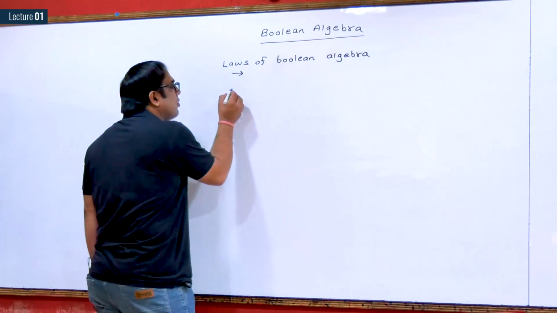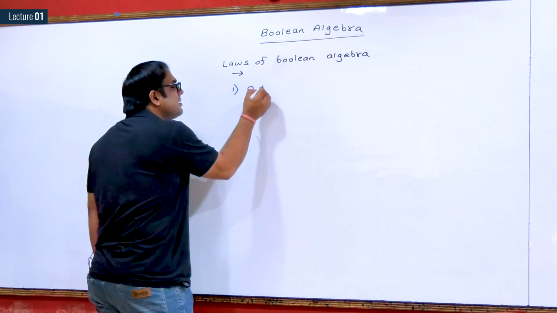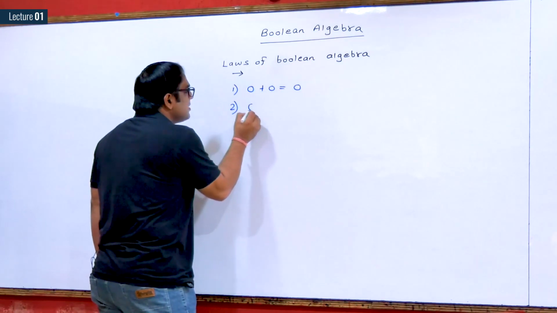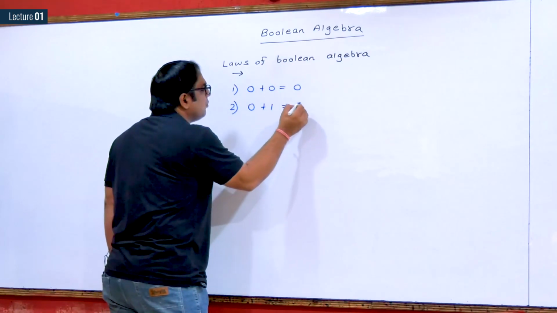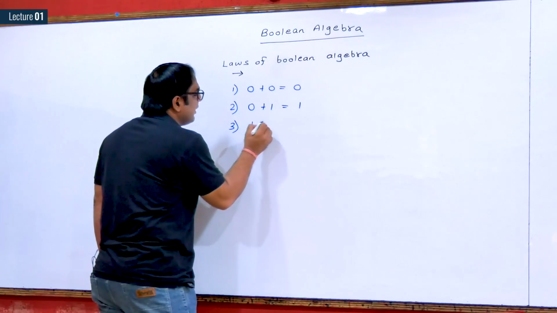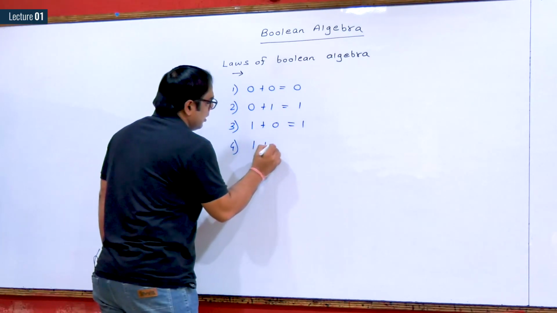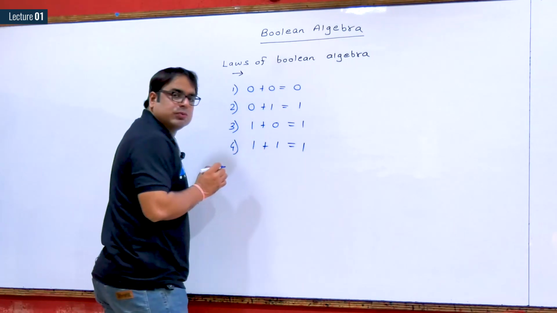So the basic laws of Boolean algebra: 0 plus 0 will be equal to 0, 0 plus 1 will be equal to 1, 1 plus 0 is equal to 1, 1 plus 1 is equal to 1.